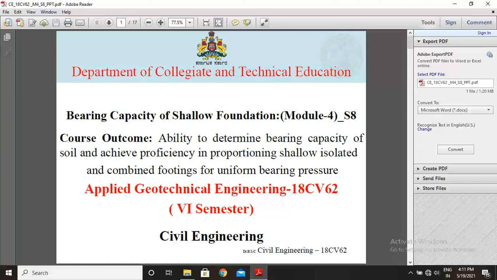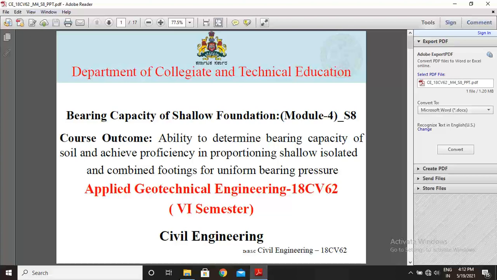For this module 4, course outcome is finalized, that is ability to determine bearing capacity of soil and achieve proficiency in proportioning shallow isolated and combined footings for uniform bearing pressure. Title of subject is Applied Geotechnical Engineering and the subject code is 18CV62 in 6th semester of civil engineering departments.